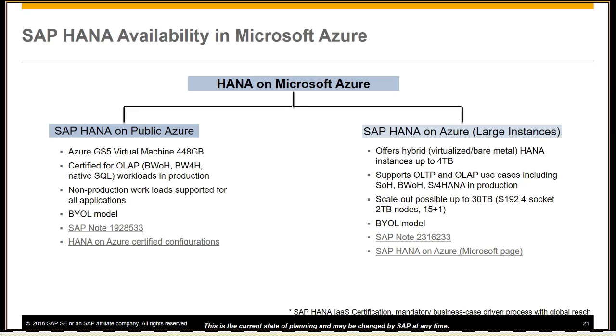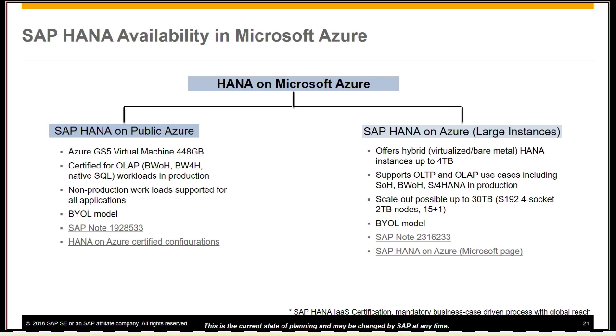Specifically, SAP HANA on public Azure is utilizing VMs within Azure that are accessible. You'll see them in the calculator tool. These are your standard instances, your G series, your A7, A8 series VMs that are currently available in what we quote unquote call public Azure.